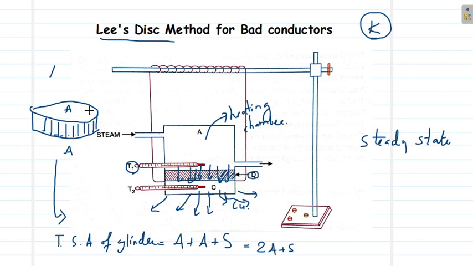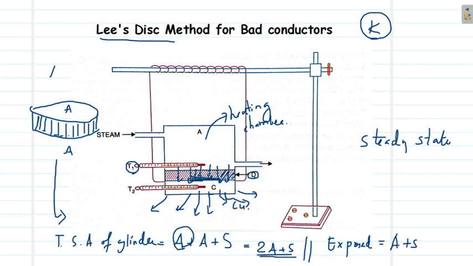So this is equal to 2A plus S, the total surface area of the cylinder. Now out of this, what is the exposed area? We know the circular region above is actually in contact with the bad conductor. The cylindrical region surrounding this cylinder and the circular region at the bottom are exposed. So the exposed area is just A plus S, because the circular region above the cylinder is in contact with the bad conductor and it is not exposed.